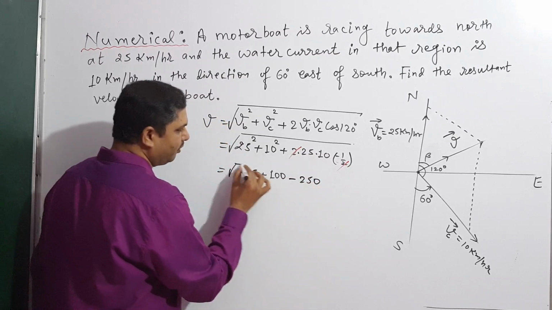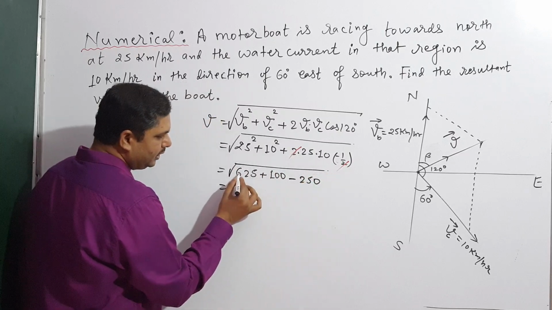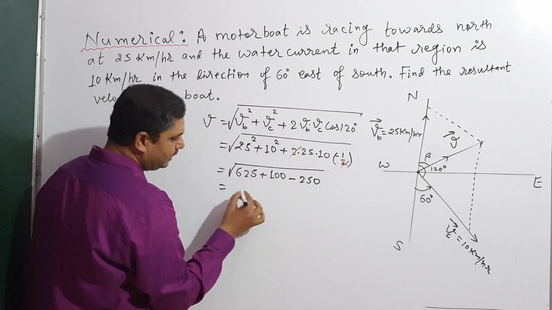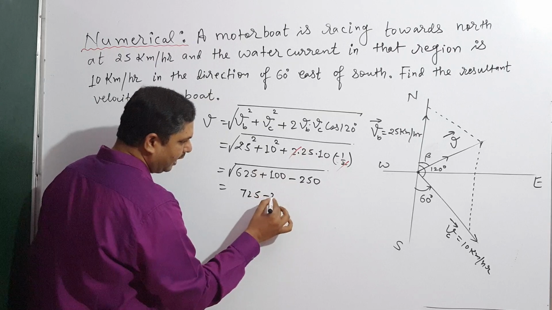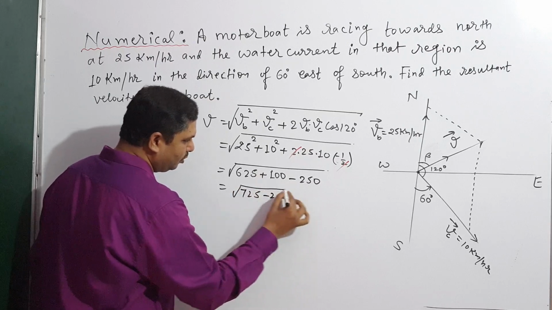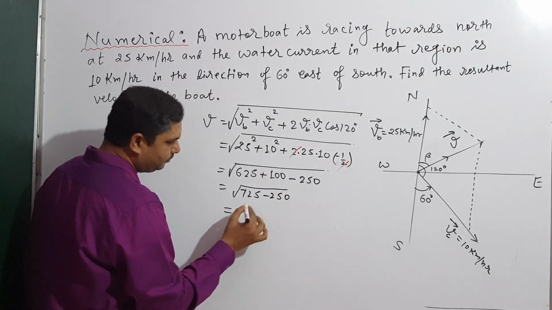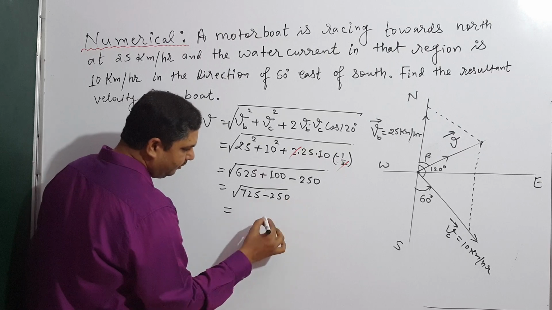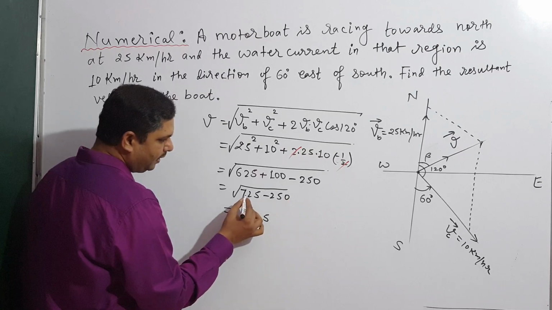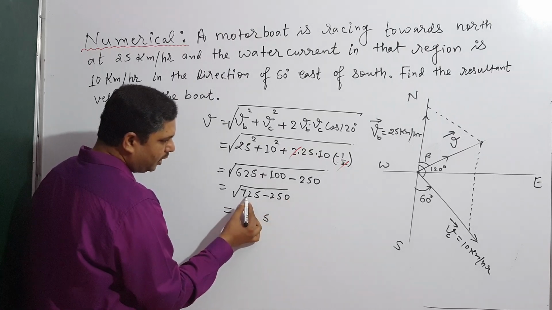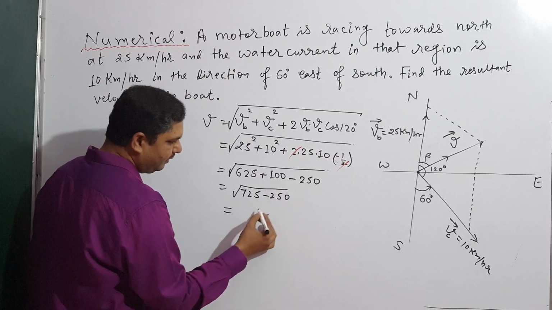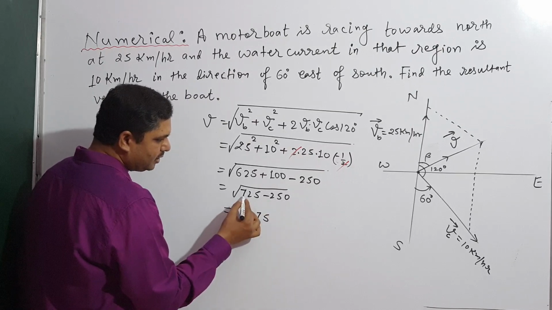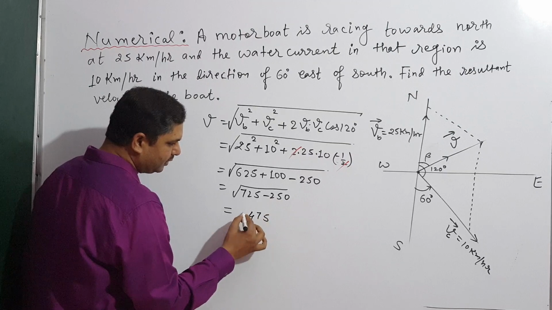So 625 plus 100 is 725, minus 250, comes out to be 475.